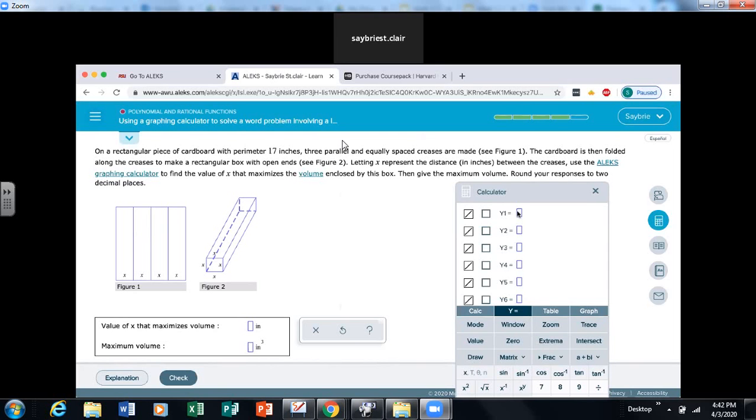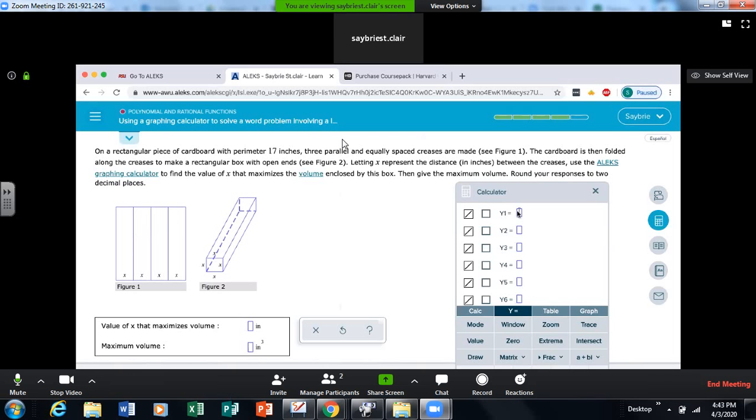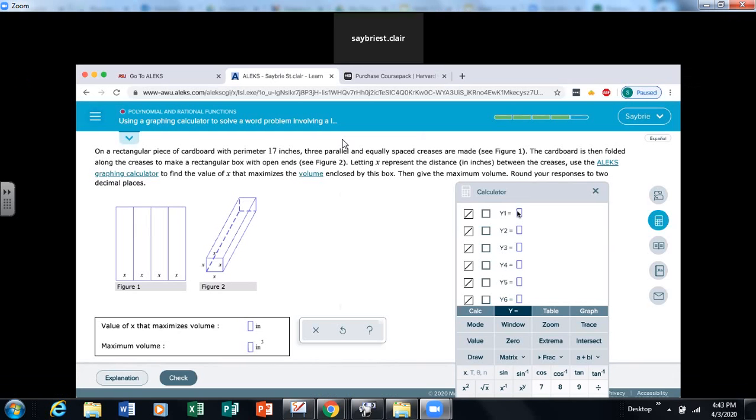Alright, so this is, whoops. So this is 8x plus 2h equals 17.